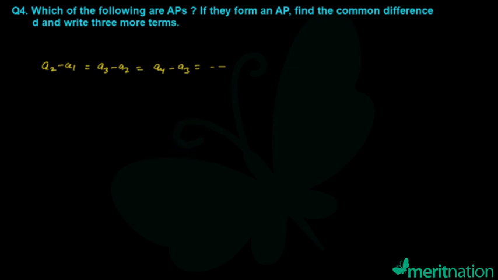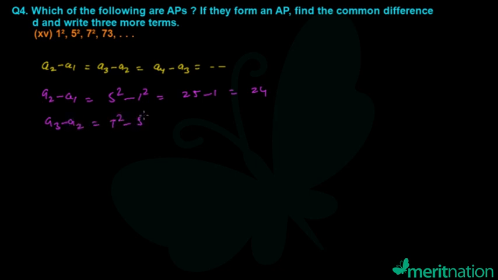And the last part we have here is 1 squared, 5 squared, 7 squared, 73. a2 minus a1 means 5 squared minus 1 squared, that is 25 minus 1, that is 24. a3 minus a2 becomes 7 squared minus 5 squared, that is 49 minus 25, it becomes 24.